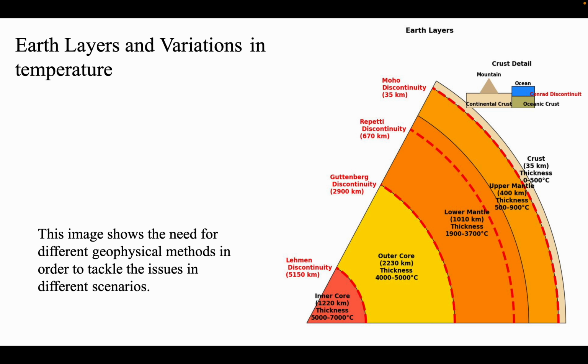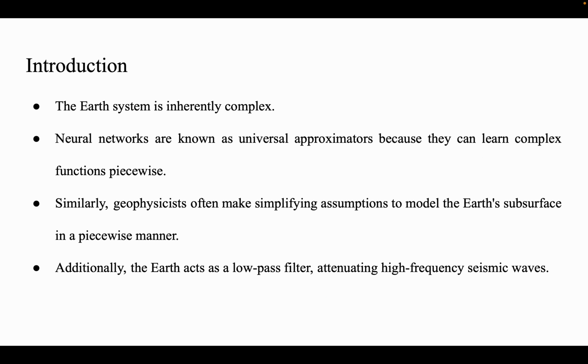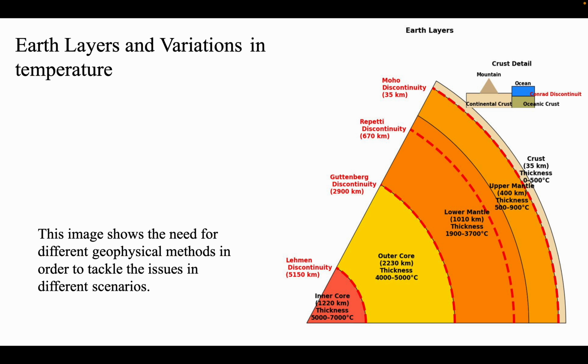Okay, next important aspect is that Earth acts as a low pass filter, attenuating high frequency seismic waves. So the consequence of that is that the subsurface resolution which we need is lost when the high frequency is lost.